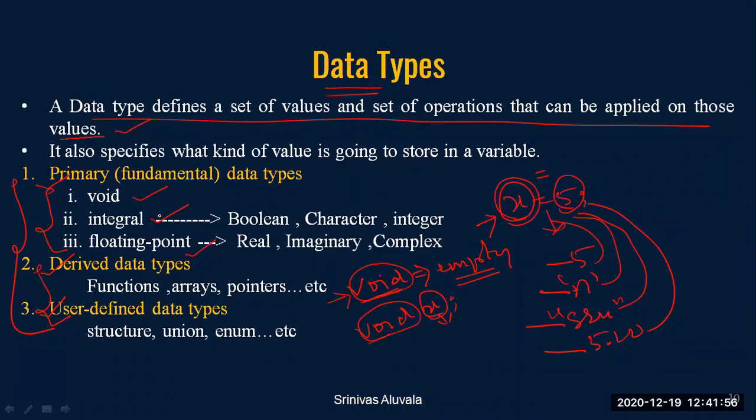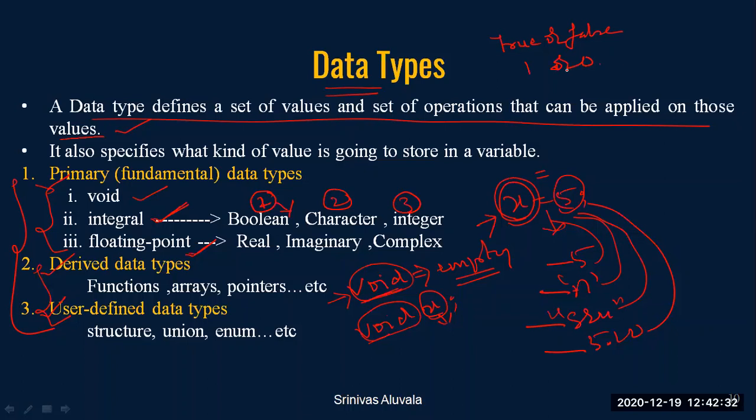Coming to the next two types of data types, one is integral and the other is float. In integral we have three types of data types: Boolean, character, and integer. What does the Boolean data type say? It stores true or false, 1 or 0.